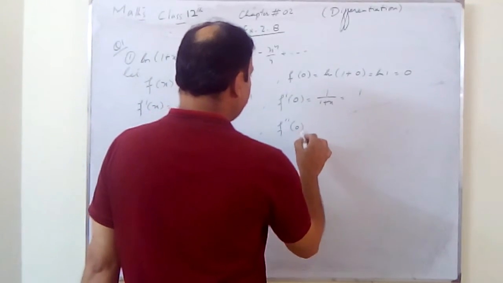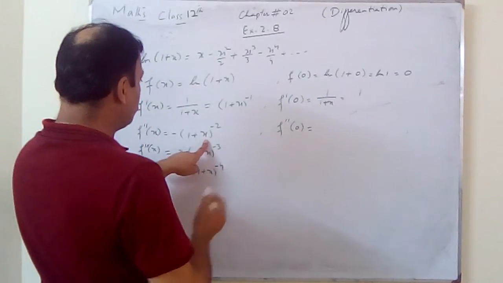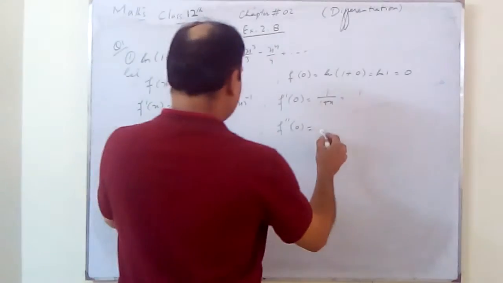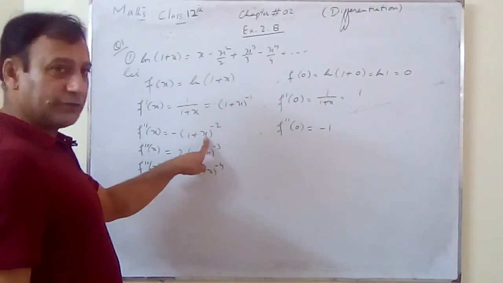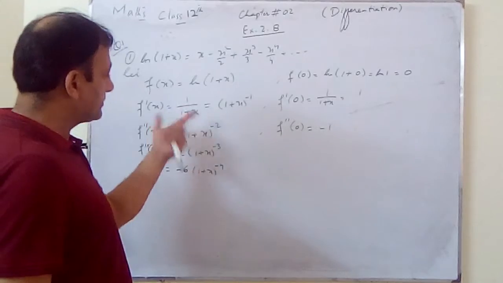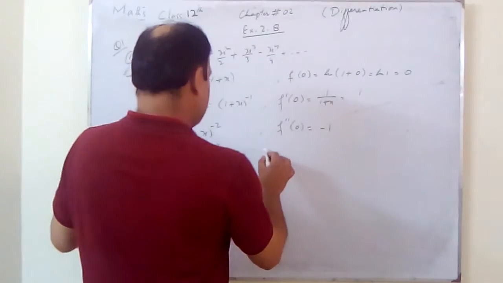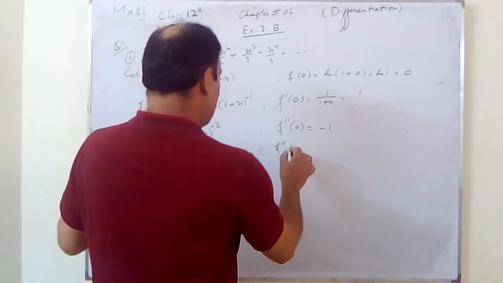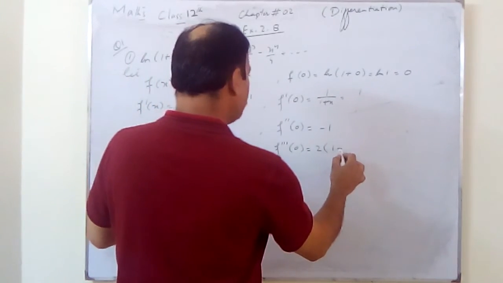Second derivative, when you put 0 here, 1 power minus 2 is 1, so minus 1. Third derivative, 2 into 1 plus 0.